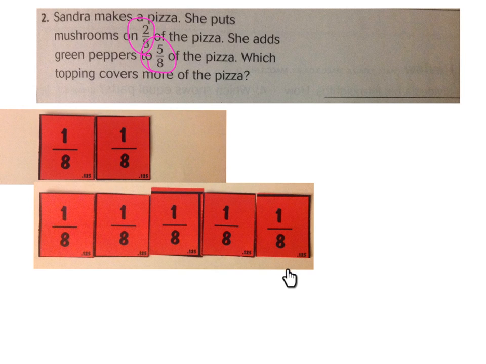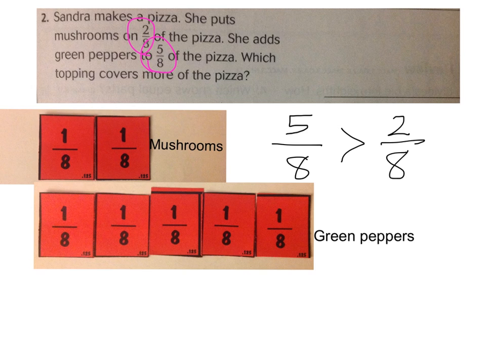So 5/8 is greater than 2/8. So the green peppers cover more of the pizza. Also, because we are comparing the same denominators, 8ths, and I know that 5 is greater than 2, I know that 5/8 is greater than 2/8.